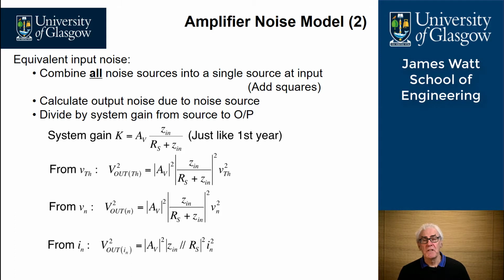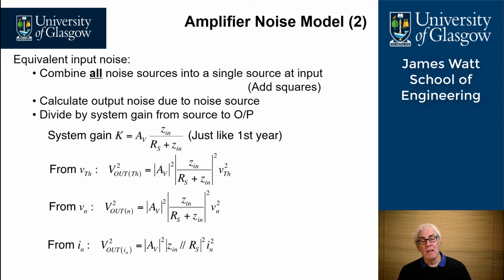We've got several noise sources combining to contribute here. The first one is the Vthev, which is the noise coming from the source. If we take the square of all the numbers, we have the voltage at the output squared equals the gain squared times the potential divider factor squared times the voltage Vthev squared.